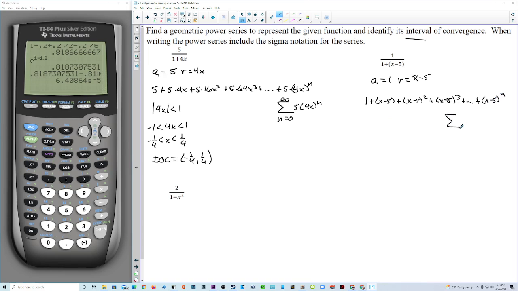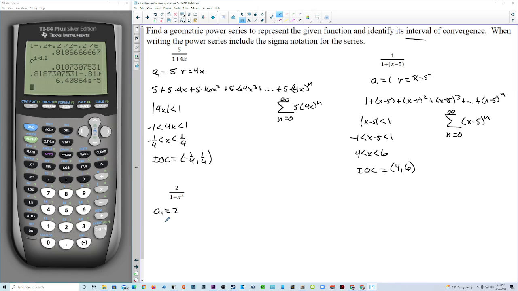When we write the sigma notation, we say that we're starting with 0. So it's just x minus 5 to the n. Now the absolute value of x minus 5 needs to be less than 1. So negative 1 is less than x minus 5 is less than 1. And then add 5. 4 is less than x is less than 6. So the interval of convergence is 4 to 6.